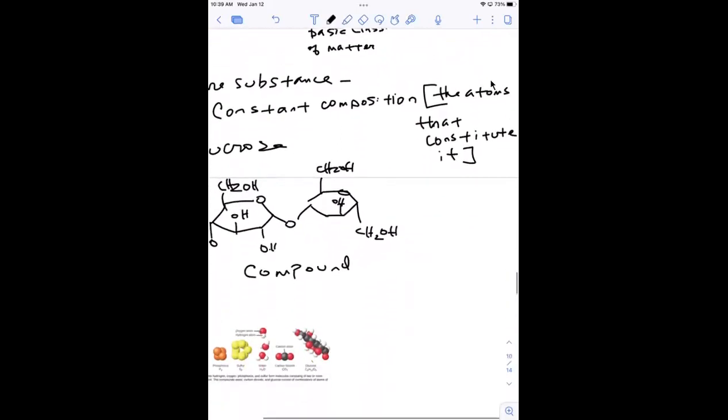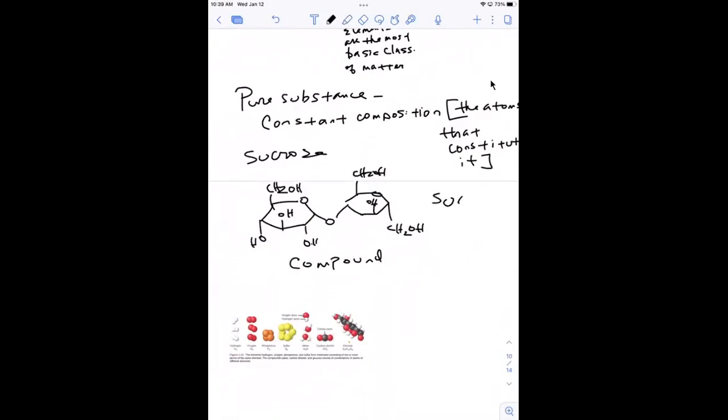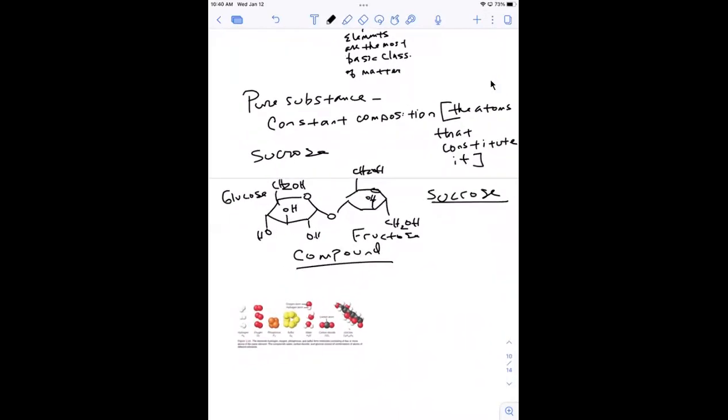So when I look at sucrose, which is a compound that's made of both fructose, which is a sugar, and glucose, this is an example of a pure substance that is a compound, right? But when I look at that, the composition of it, the percentages, are always going to be the same. 42.1% carbon.